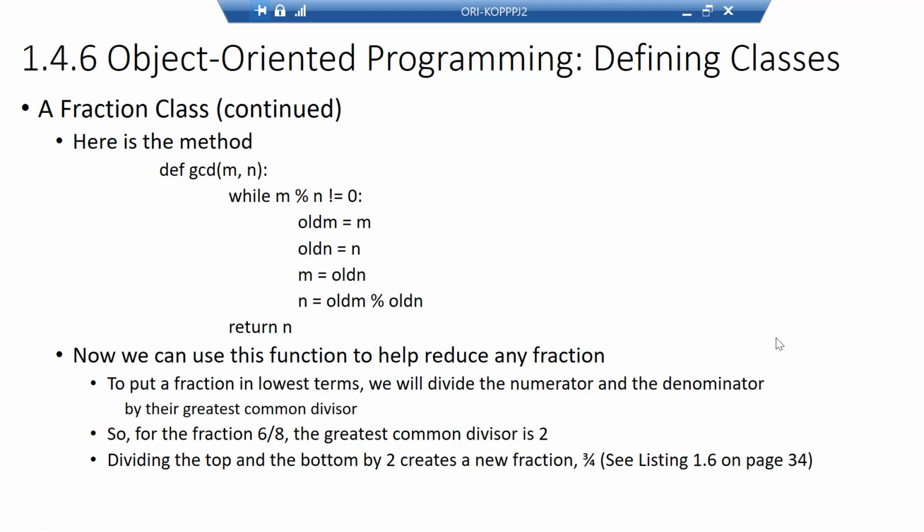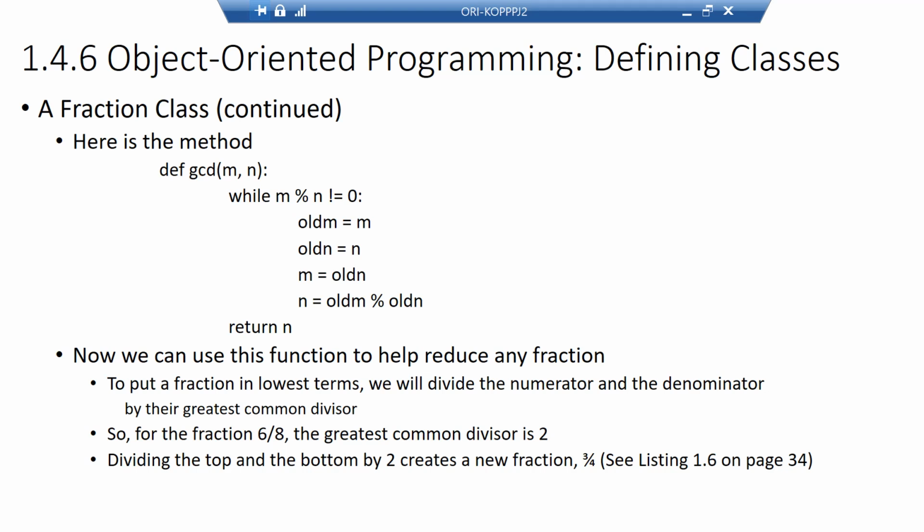To put a fraction in lowest terms, we will divide the numerator and the denominator by their greatest common divisor. So, for the fraction 6/8, the greatest common divisor is 2. Dividing the top and the bottom by 2 creates a new fraction 3/4. This is in listing 1.6 on page 34.